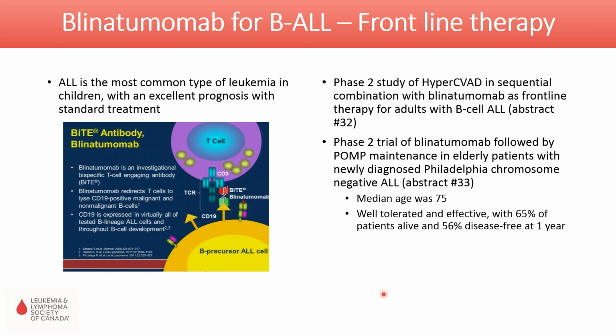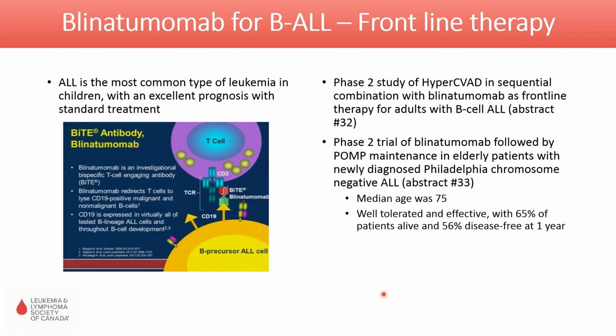They will not qualify for many of the intensive chemotherapy regimens, and so they're often given more gentle therapies. So by doing that and adding an antibody in an older age set, and in this study, the median age was 75, the important thing is that the treatment was very well tolerated. And actually 2/3 of patients were alive and half of them were disease-free after the treatment.